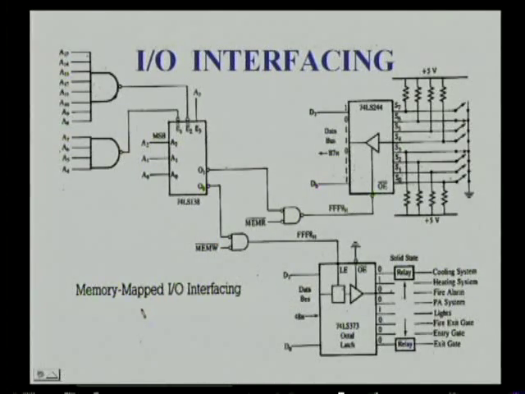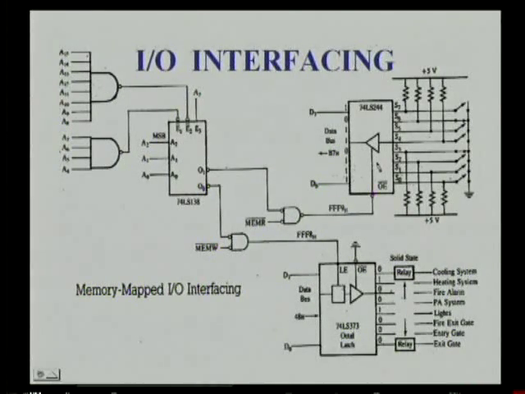Next, this is memory mapped IO interfacing by using a decoder, but here I am connecting an input device, that is a keyboard, as well as an output device. Through the output device I am controlling various appliances. So, if I send proper data, these appliances will be controlled through solid state relays, that is the idea. And what are the addresses provided for this?